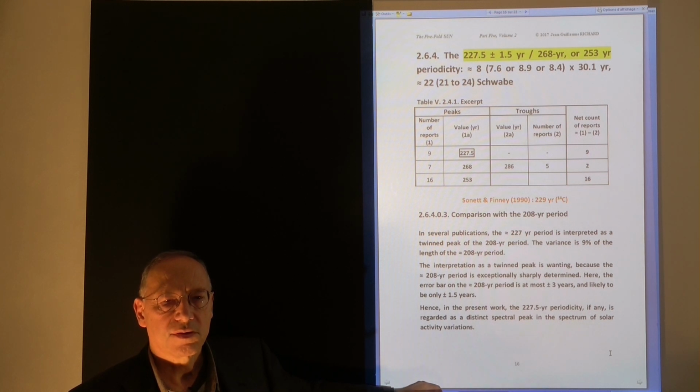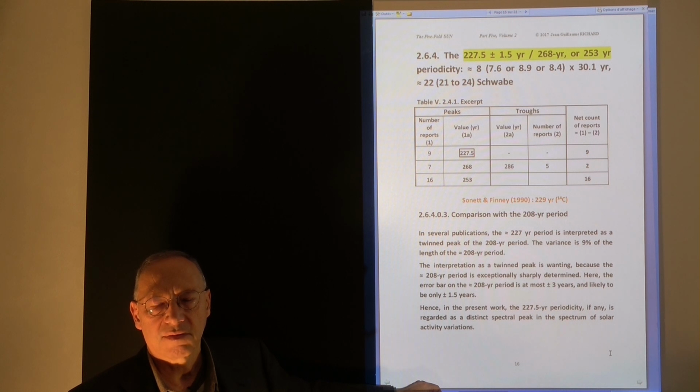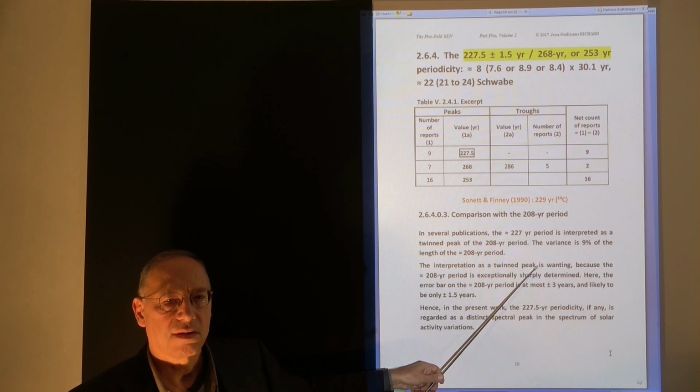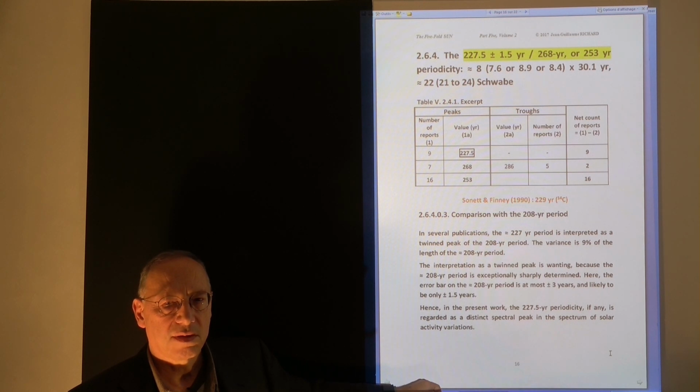It was first proposed, as far as I know, by Sennett and Finney at the University of Arizona in 1990 from their radiocarbon data at 229 years, and it is certainly not a twinned peak or part of a smeared peak being centered at the 208-year period, the Suess de Vries period.